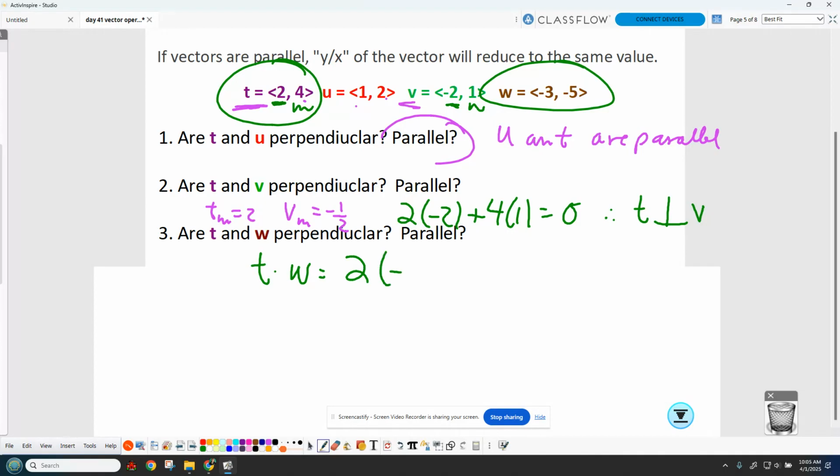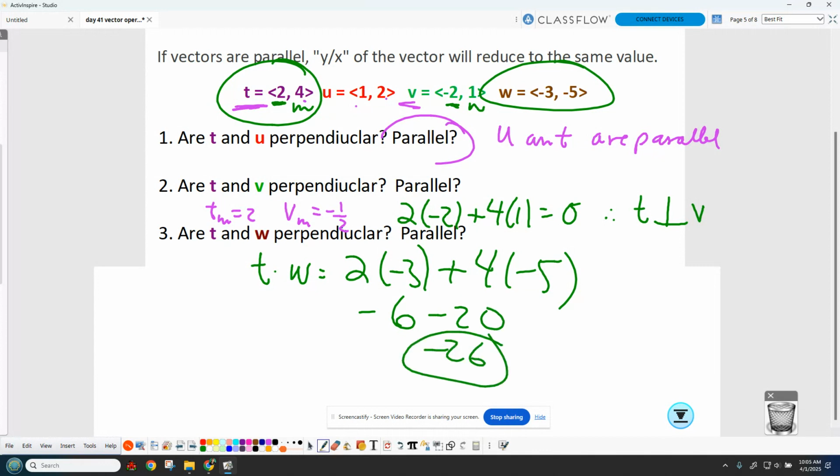So 2 times -3 plus, and now I need to multiply the y values. Okay, are they orthogonal, which means perpendicular? No. Brianna's going to tell you, the answer is no, because the dot product is not 0.